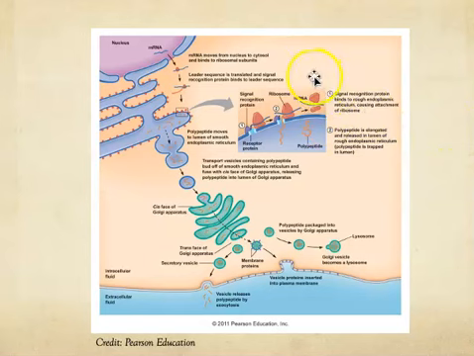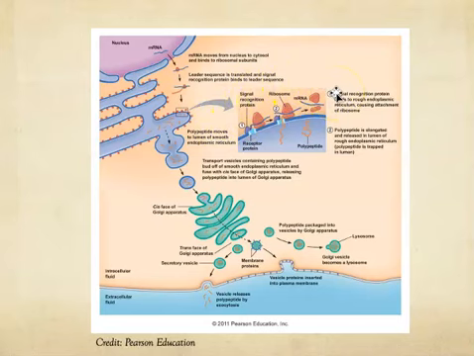The artist has blown up a little section of the rough endoplasmic reticulum membrane in order to show us cotranslational import in action. Remember, any polypeptide is going to be produced on a ribosome near the rough endoplasmic reticulum, a ribosome that's here in the cytoplasm near the RER.